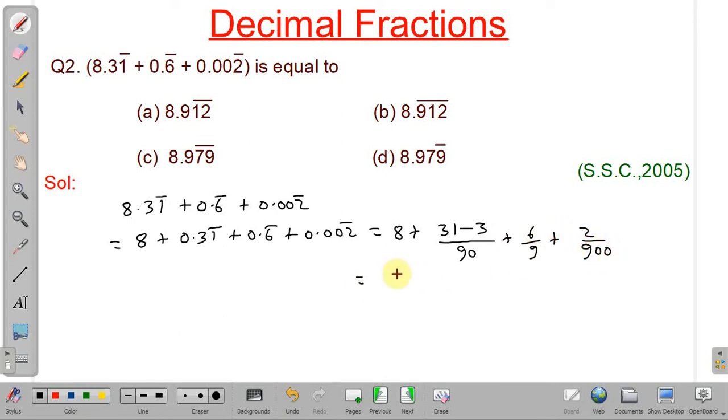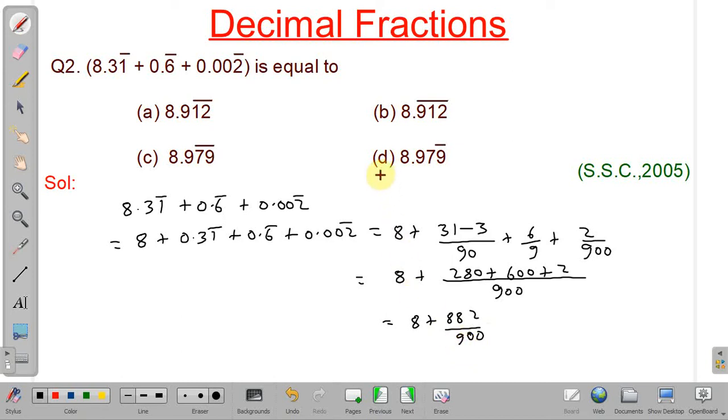Okay, and we will write integer separately, then it will be equal to 28 by 90. So we will take LCM 900. So 10 into 28, that is 280, plus 100 into 6, that is 600, plus 2. So it will be 8 plus 882 divided by 900. Now if you see the denominator, there is only one 9, so only one digit will be repeating.